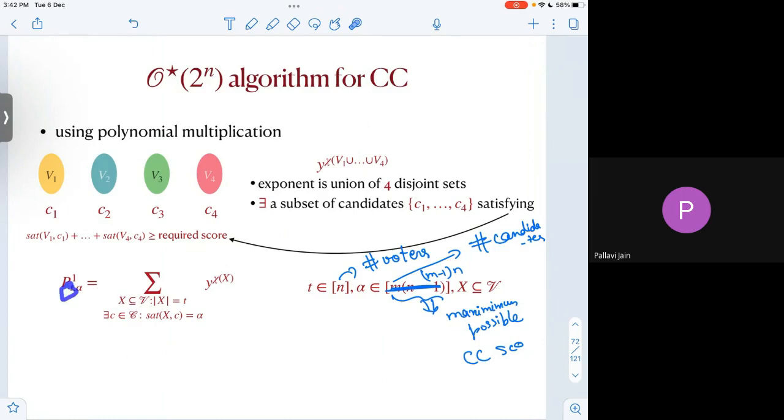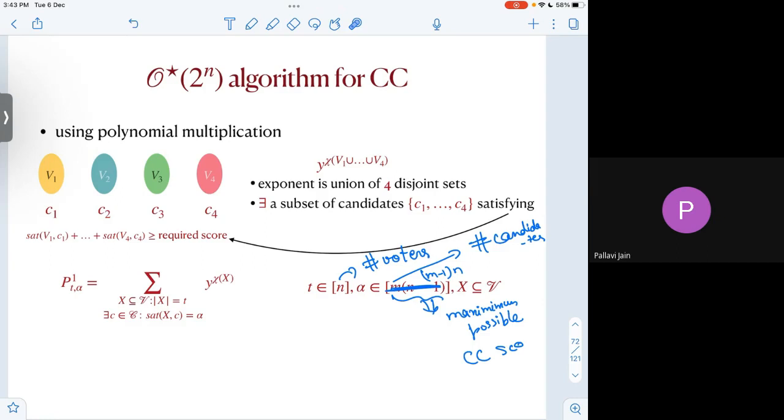This captures the size of the set T. And there exists a candidate such that the satisfaction is alpha. So is this definition clear?